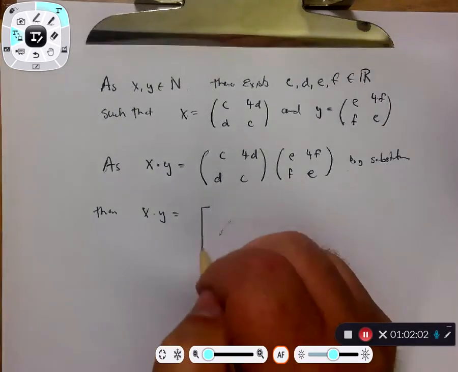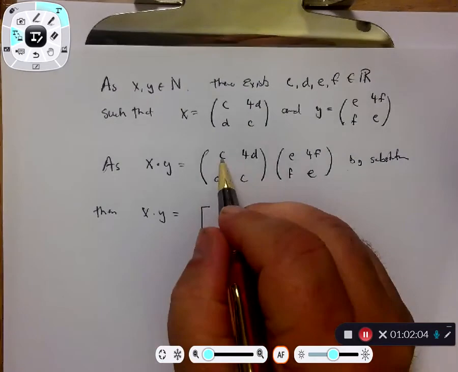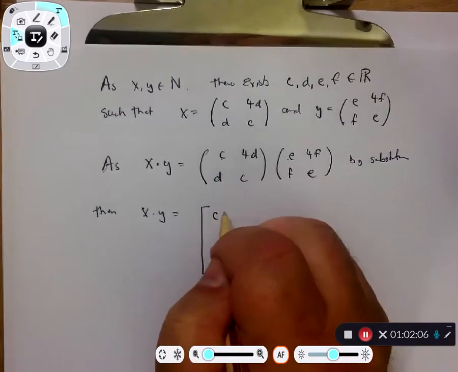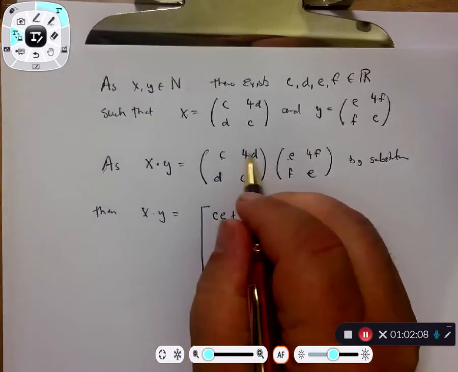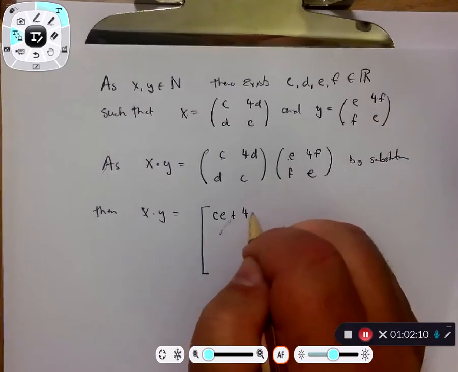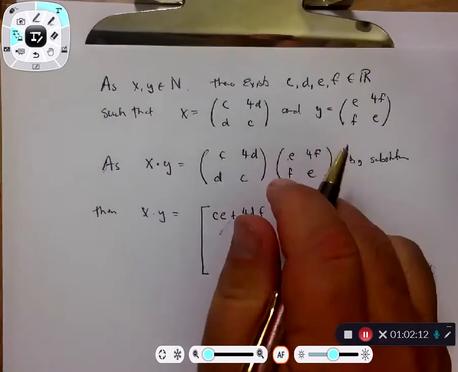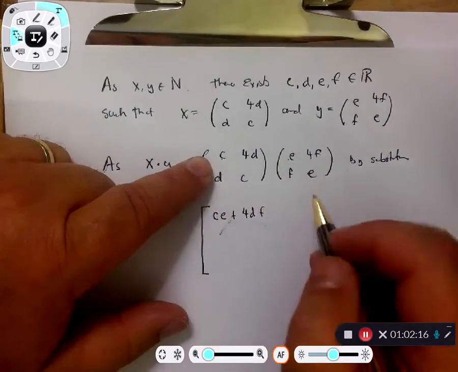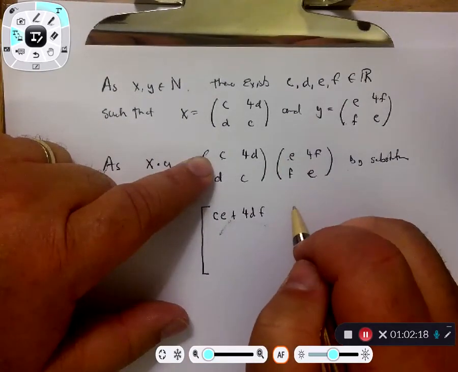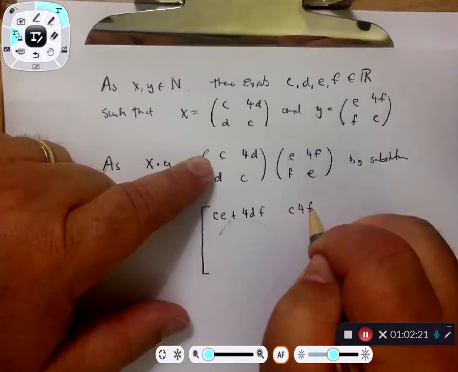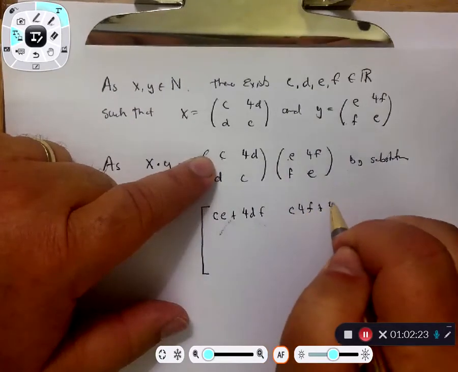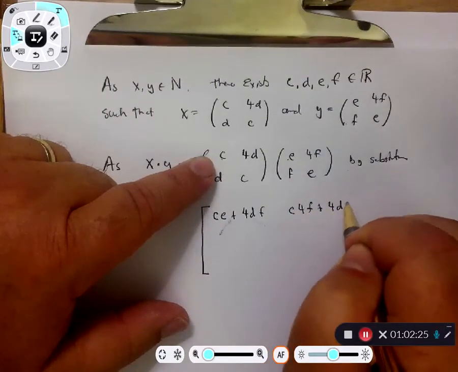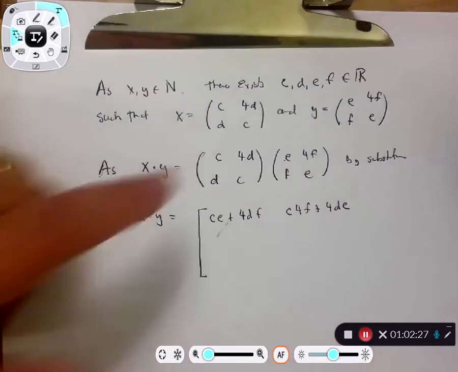So I'm going to put a big old bracket here for my matrix. It'll be C times E plus 4D times F. First row, first column match up. First row, second column. That would be C times 4F plus 4D times E. And I'm just trying to show you, I'm trying not to move my elements around.